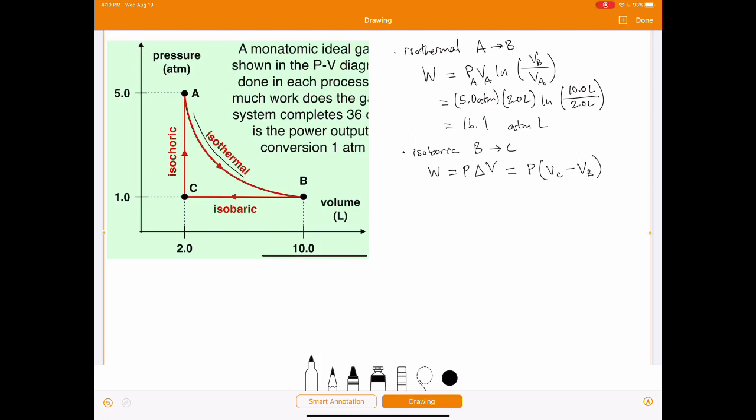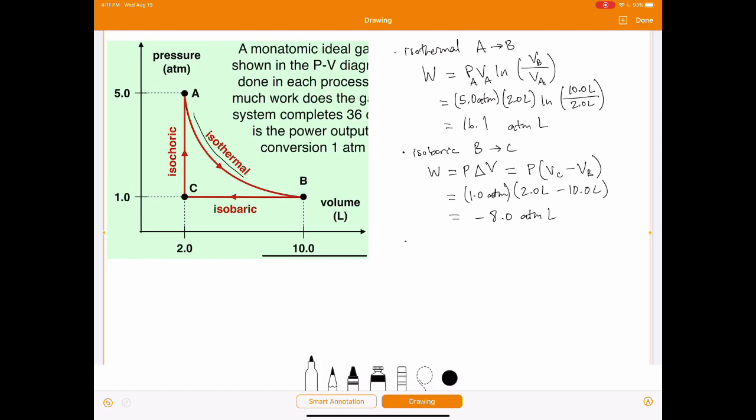And the pressure is just constant. So here's what we have. We have a pressure of 1 atmosphere. And then we have VC is equal to 2 liters. And VB is equal to 10 liters. So you calculate that and you get negative 8 atmosphere liters.